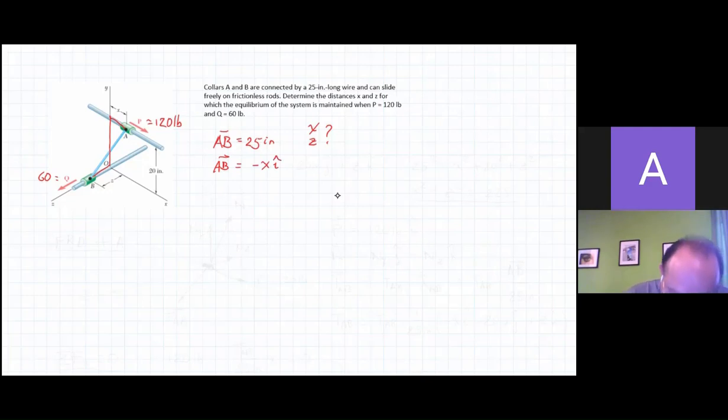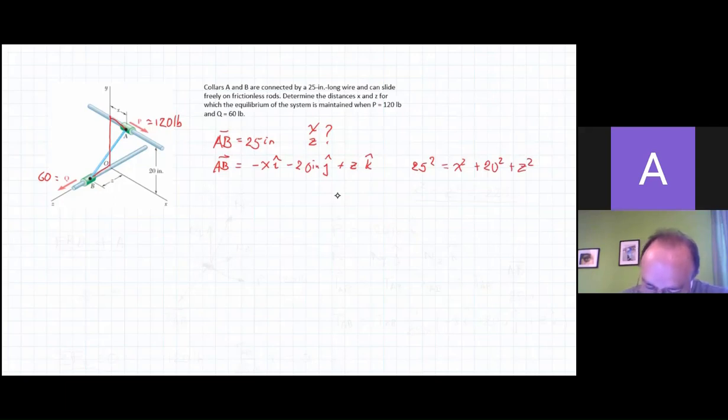We need to go down in the y direction 20 inches, so minus 20 inches j, and z in the direction of the z axis, so plus z k. And we know that the length of the wire is 25 inches long. So we know now that 25 squared equals x squared plus 20 squared plus z squared.